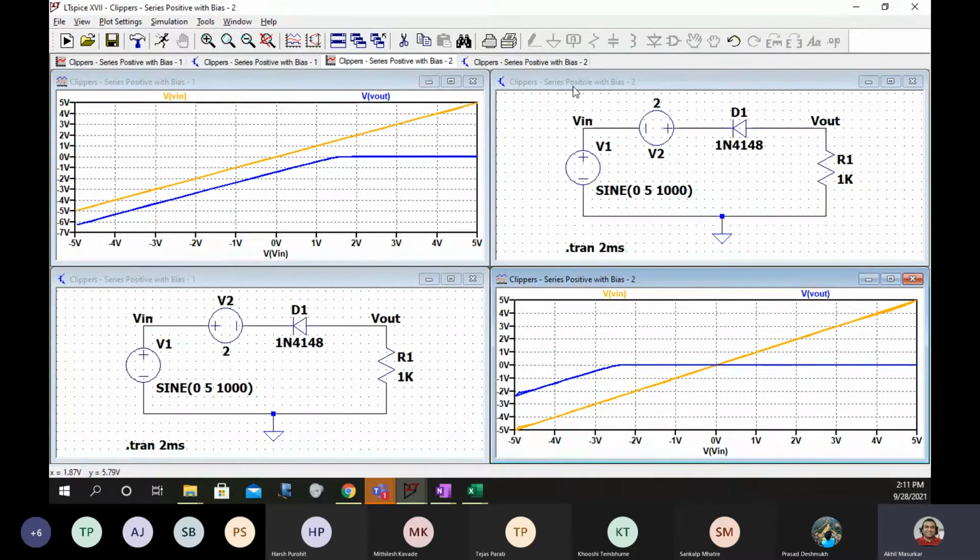So this is what you will get. Hello, sir. Yes, Prasad. Sir, is there any shortcut for measure commands? Dot measure itself is the shortcut. Sir, but we have to write that whole thing to get the output.